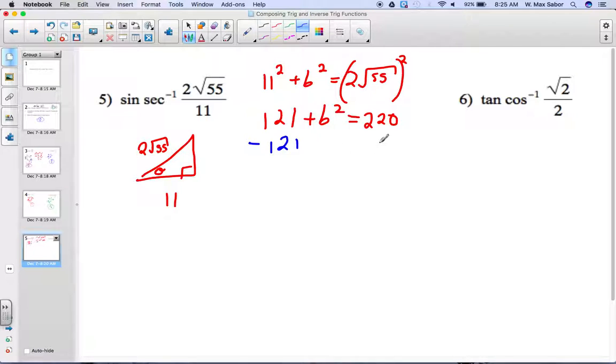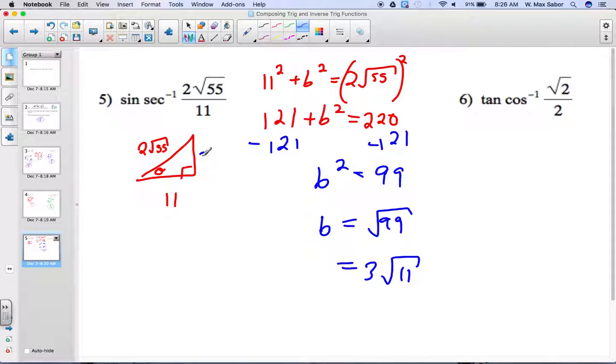Subtract 121, and we get 99. So b equals square root of 99, or 3 square roots of 11. So now, what are we asking for? Sine. So that's opposite, 3 square roots of 11 over hypotenuse, 2 square roots of 55.